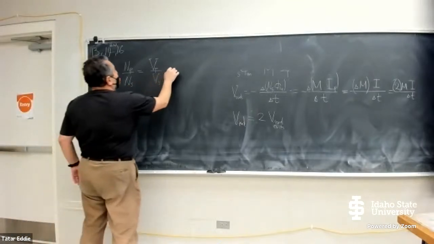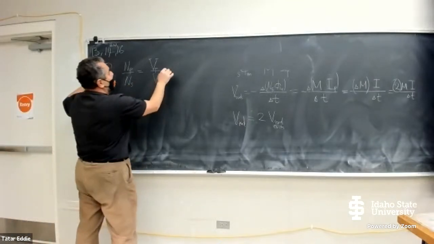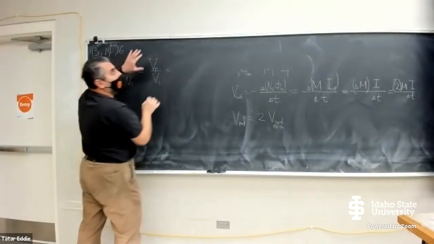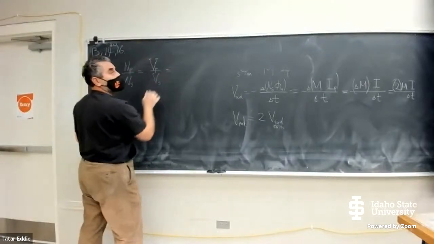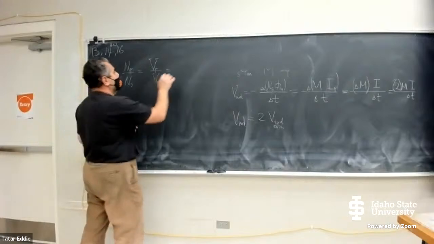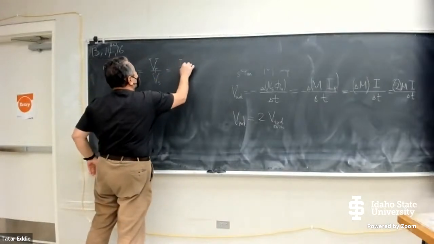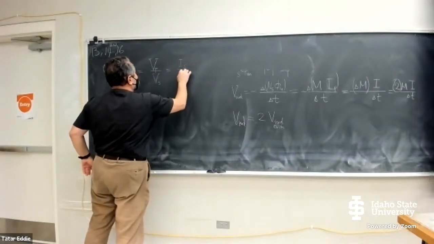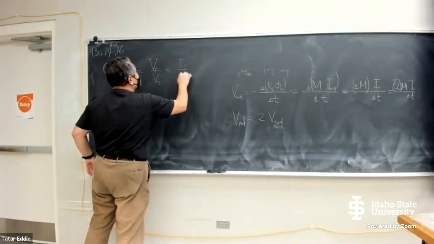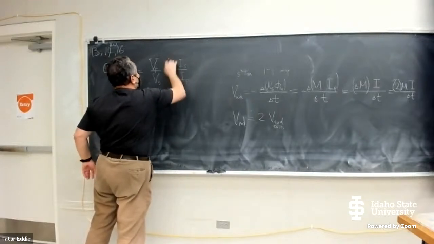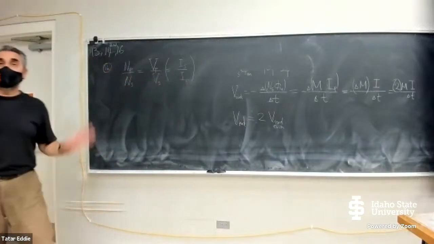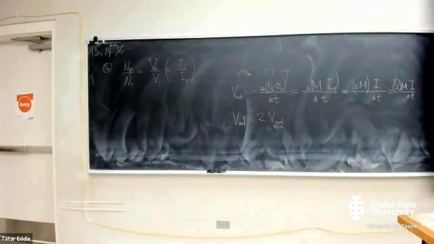But we don't need it for this problem, but you have to know that it is the opposite fraction for the currents. In other words, the current in the secondary divided by the current in the primary. We don't need it now, but you may need it in some other problem.